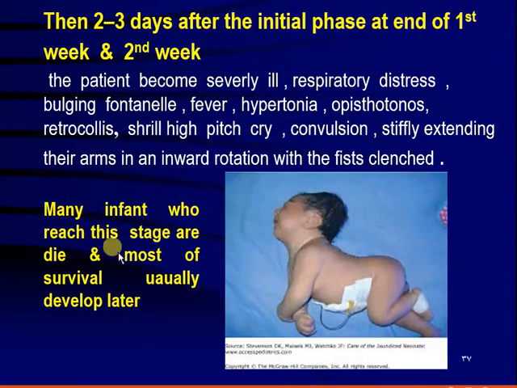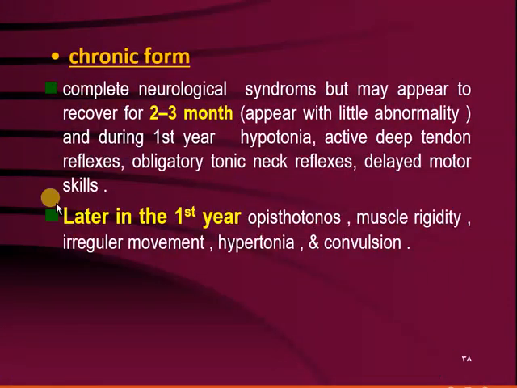Many infants who reach this stage die, and most of the survivors usually develop the chronic form later, with a complete neurological syndrome, but may appear to recover for 2 to 3 months, appearing with little abnormality, and during the first year develop hypotonia, active deep tendon reflexes, obligatory tonic neck reflexes, and delayed motor skills.